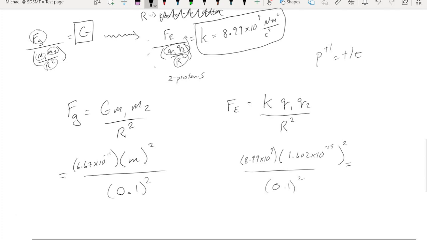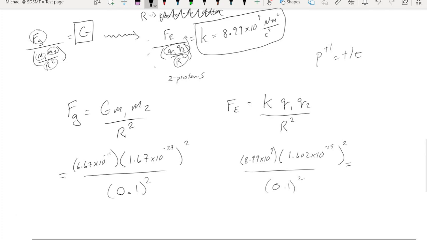And then we need to look up the mass of a proton, which is, and I'm looking this up on my phone at present, approximately 1.67 times 10 to the negative 27 kilograms.